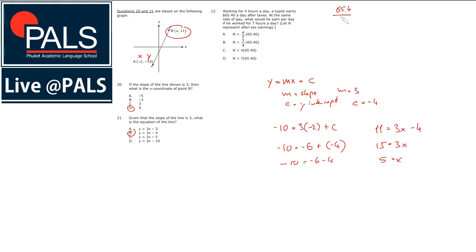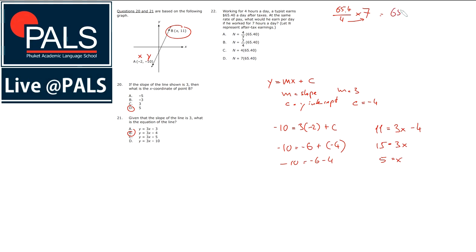65.4 divided by 4 will give us his hourly pay after taxes. And what would he earn if he worked 7 hours? So we multiply that rate times 7. We can obviously move the 4 over here if we want to, which is the same.